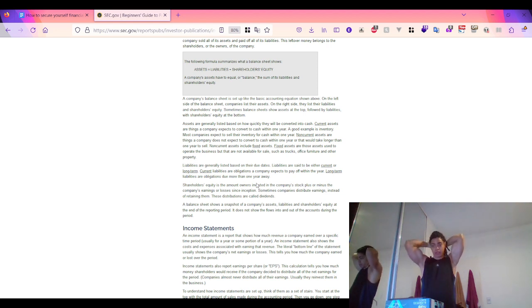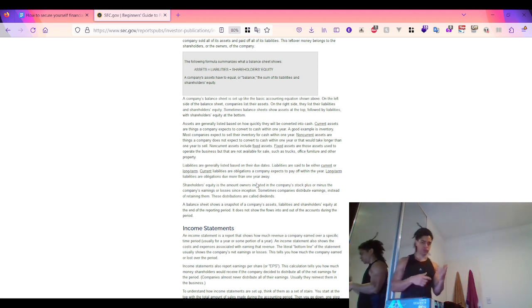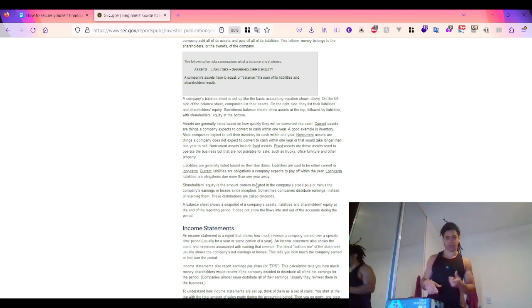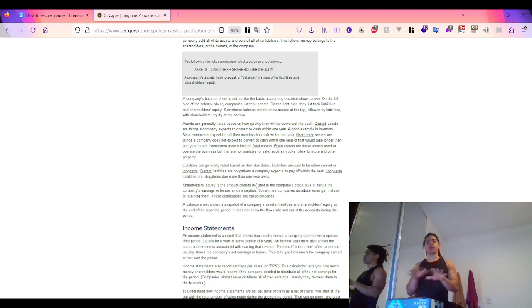we're now here. Okay, this statement reuses information from the balance sheet and the income statement, and the bottom line of this shows the net increase or decrease in cash.